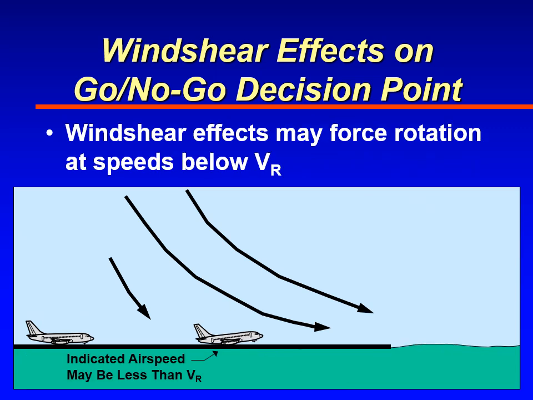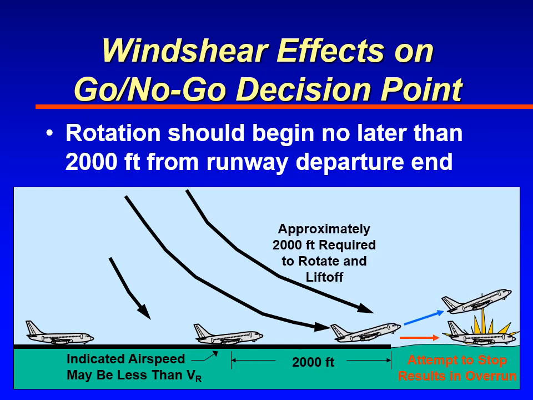It may take quite a bit of effort to get the aircraft off the ground below VR, but the airplane will probably become airborne with less than 2,000 feet remaining. And from that point on, adjust your flight path with pitch.